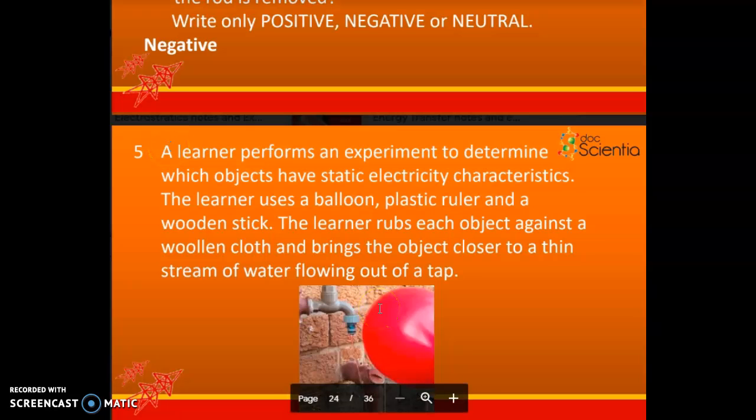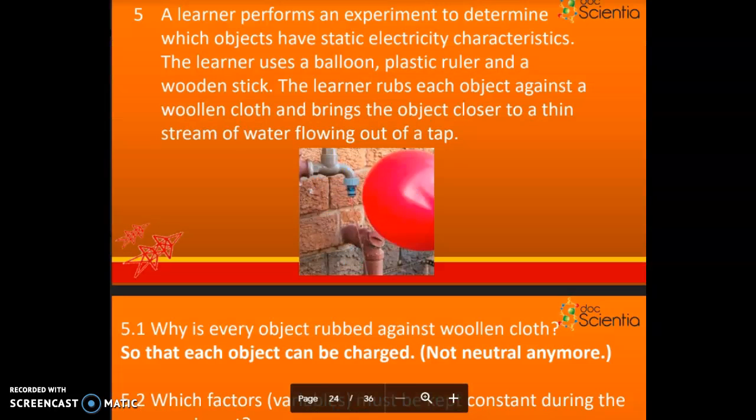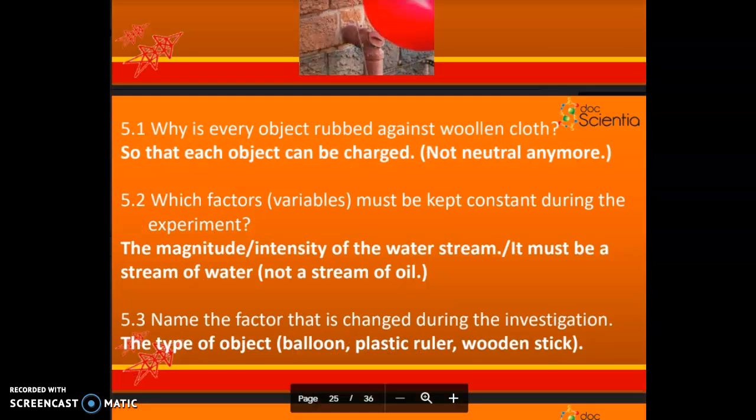A learner performs an experiment to determine which objects have static electricity characteristics. A learner uses a balloon, a plastic ruler, and a wooden stick, and the learner rubs each object against a woolen cloth and brings the object closer to a thin stream of water flowing out of a tap. 5.1.